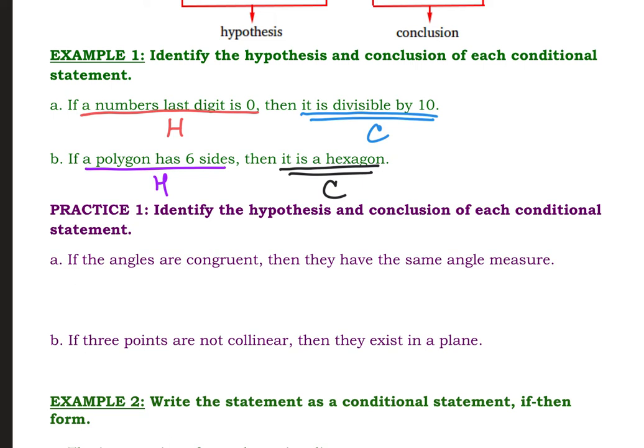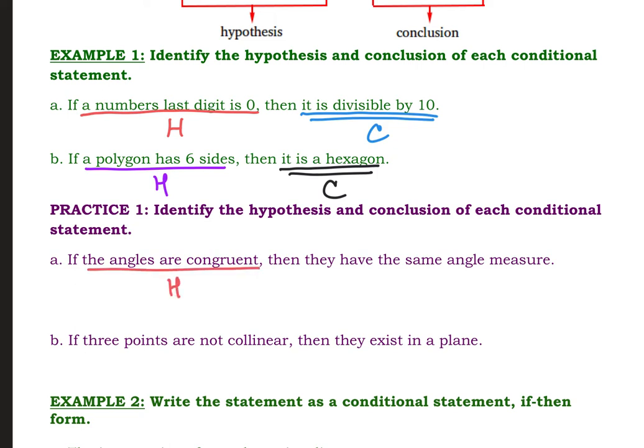What comes after the word if? Look, after the word if. The angles are congruent. That's it. The angles are congruent. This is our hypothesis.